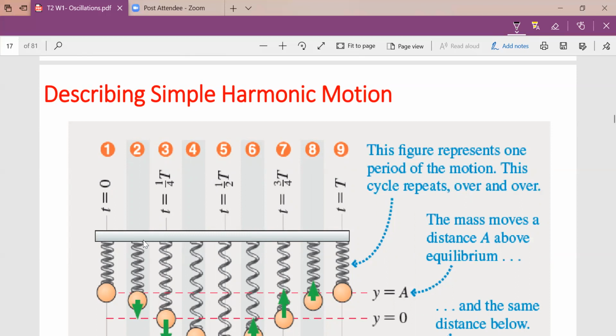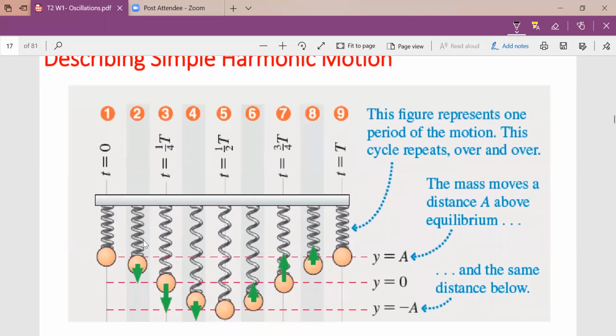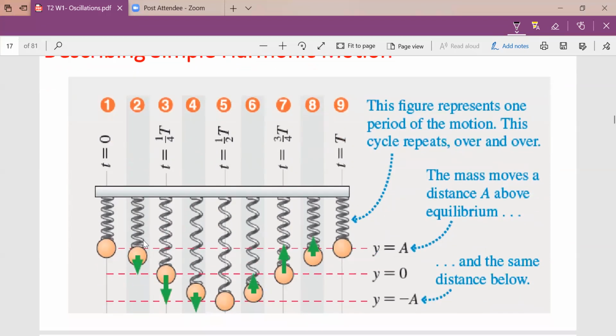It's nothing different from what we've been seeing, but it's simply the introduction of the use of period at different times. That is the unique thing about describing simple harmonic motion. We have been describing it, but we just want to put a figure or an equation to the position description, acceleration description, velocity description.